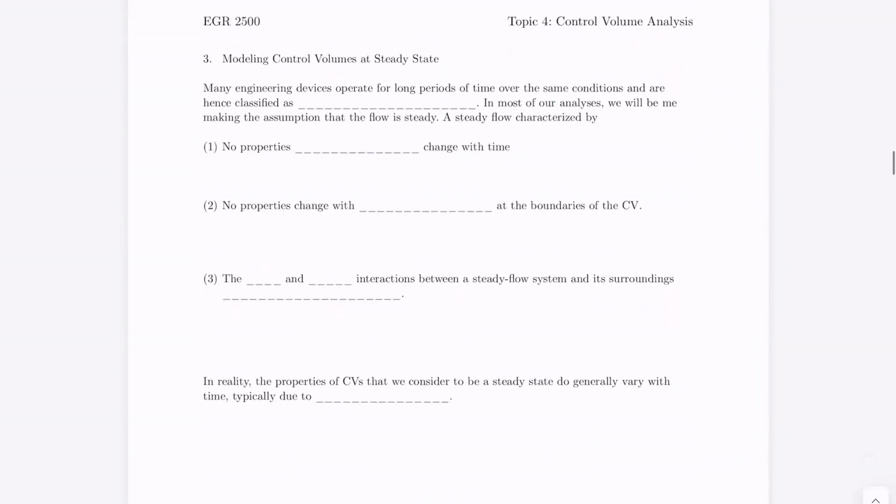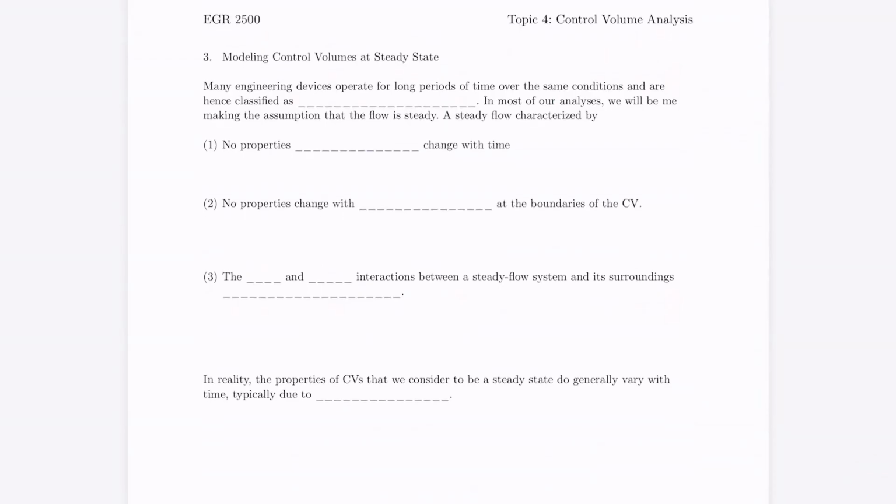Okay, so the first thing we're going to talk about is modeling control volumes at steady state. All right, so just a reminder, steady state means that nothing is changing with respect to time. Or another way of writing that is that time derivatives are zero.